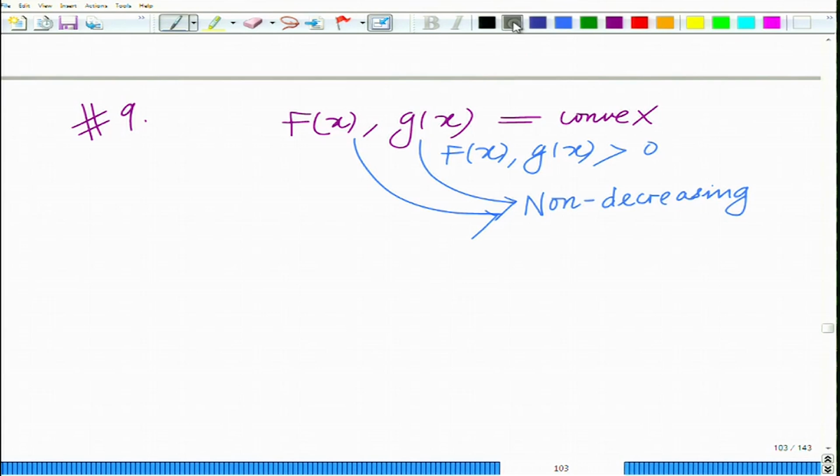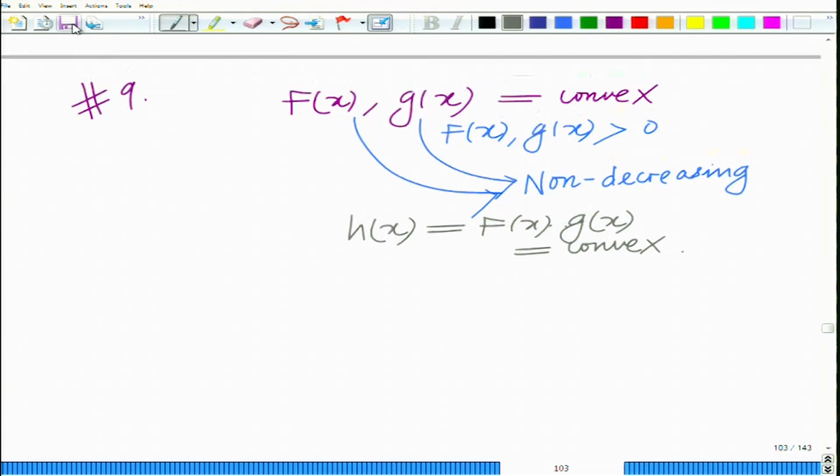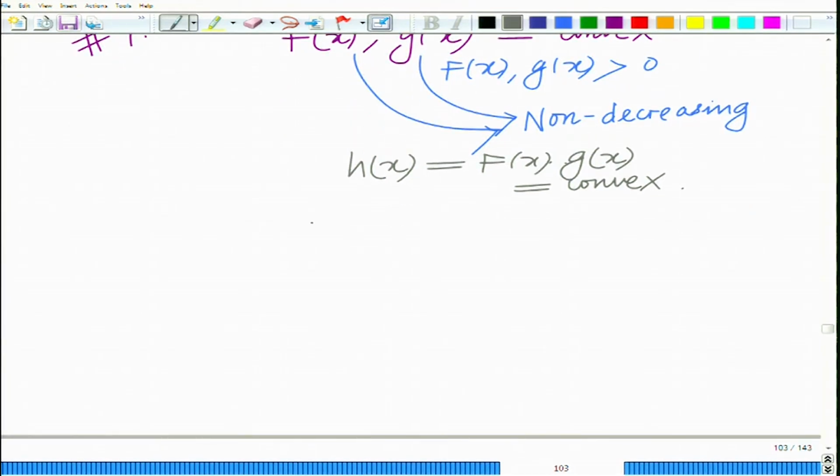We want to show that h of x equals f of x into g of x is also a convex function. Okay. And that is easy to show.